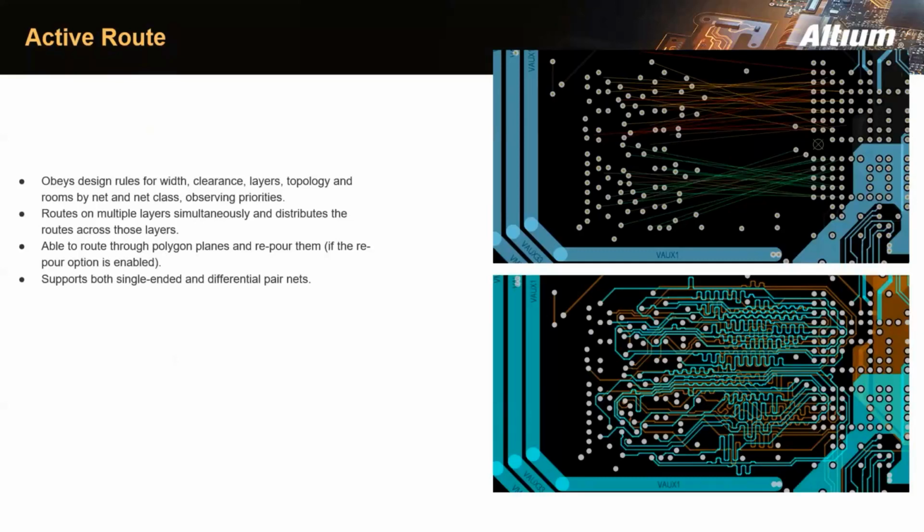With active route, you can automatically route individual nets as well as groups of nets with a user-defined path or guide, which defines the river along which the new routes will flow. It's worth noting that active route follows your design rules and works with single-ended and differential pairs. It can route on multiple layers at once, and it finishes your traces with our glossing tool to further reduce the number of corners and shorten the routing.